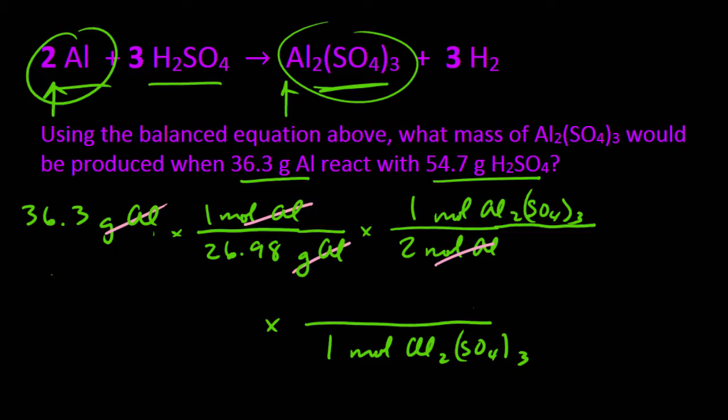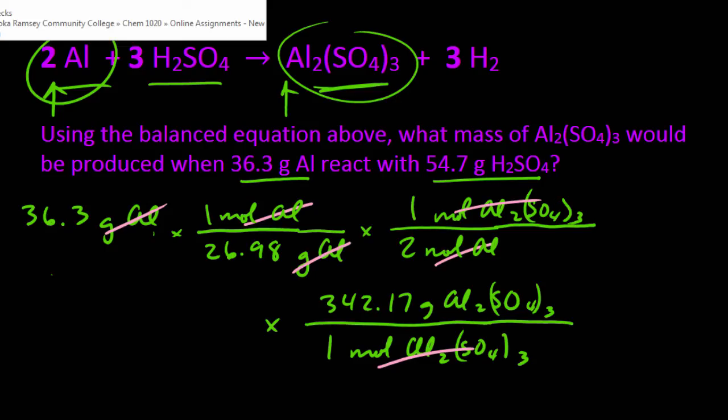That molar mass works out to be 342.17 grams. Now we get that by summing together 2 aluminum atoms, 3 sulfur atoms, and 12 oxygen atoms, simply looking up the atomic masses on the periodic table. Moles of the aluminum sulfate cancel out.